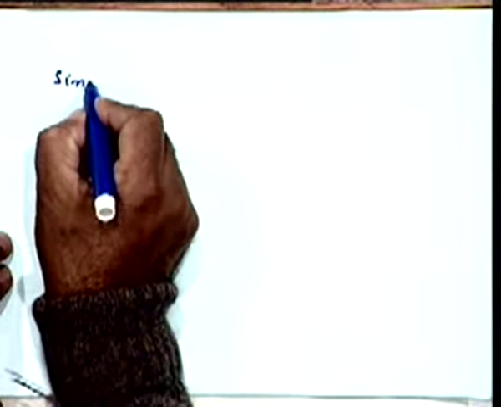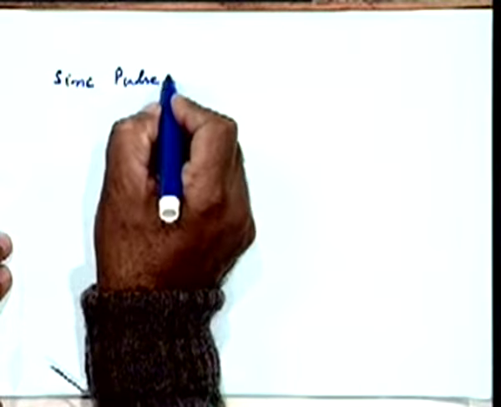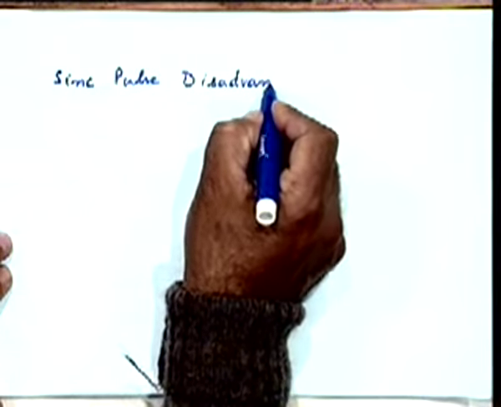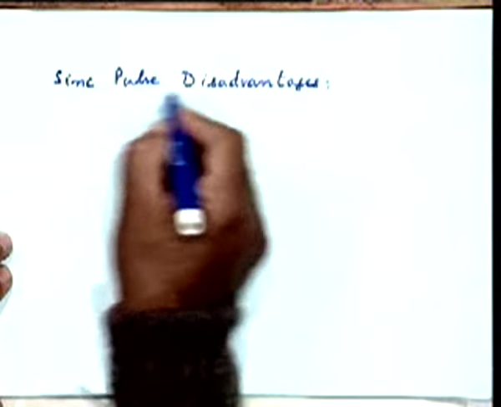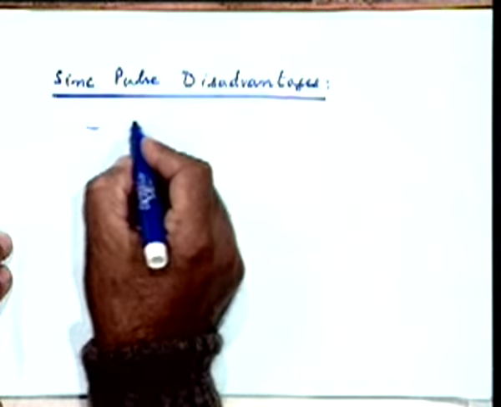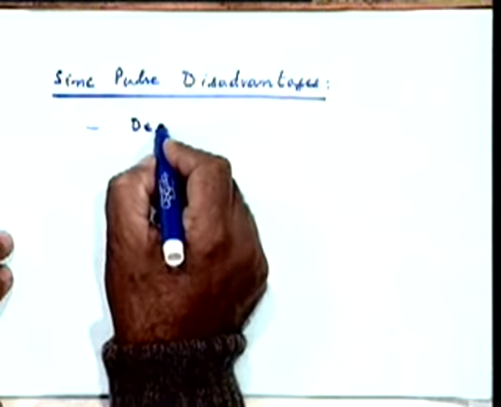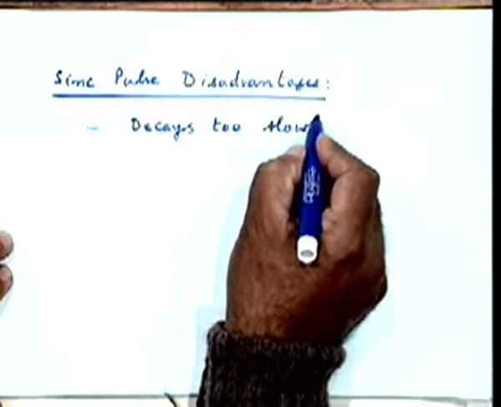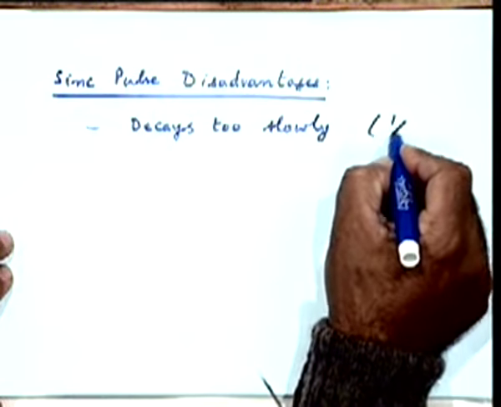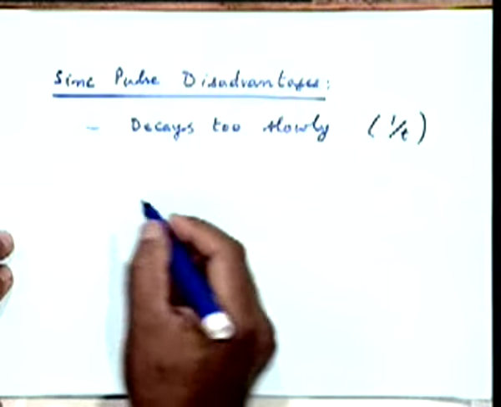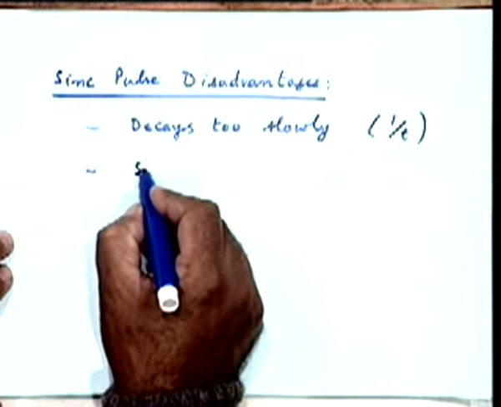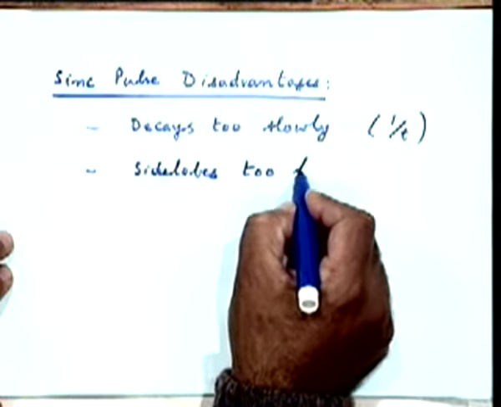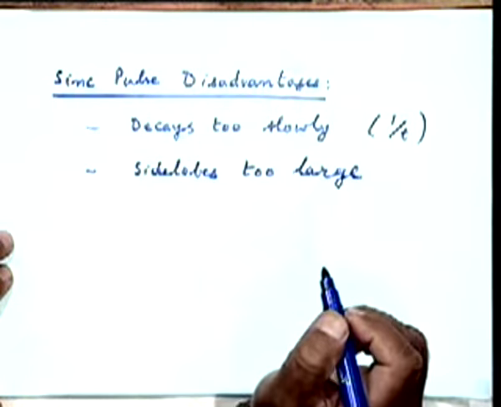All right. So let us notice these things. Sinc pulse disadvantages. One is that it decays too slowly, right? Only as 1 by t asymptotically. Side lobes are too large, particularly the first side lobe is very large, right?